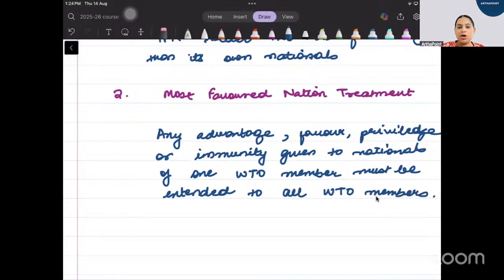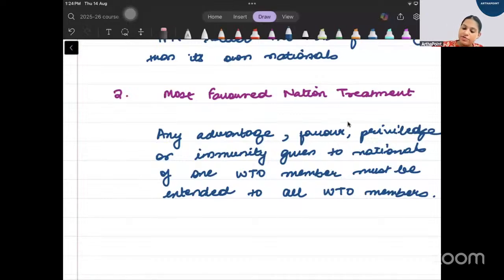I've given you an example. If India is giving any enhanced protection to a European Union inventor, maybe due to some bilateral deal, then it must extend that to all WTO members.